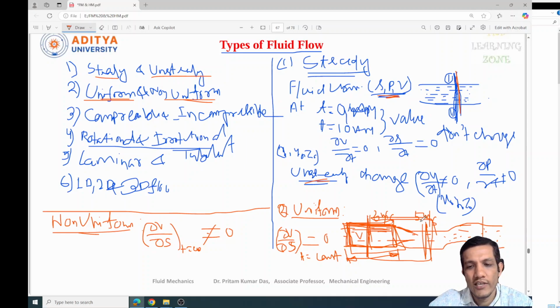If the velocity changes over a length of space, then this is called non-uniform. Similarly, compressible and incompressible: when the density changes, it is compressible. Incompressible: the density does not change, because it is directly related to the volume.